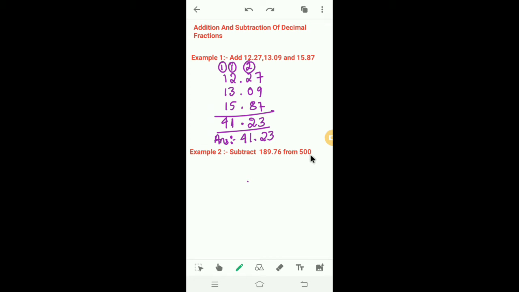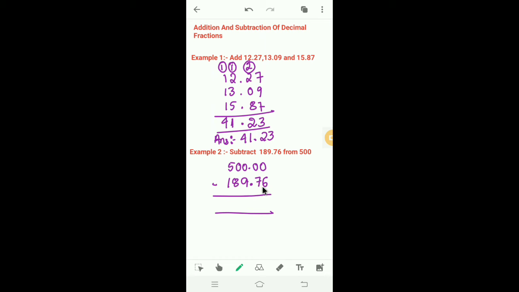Here decimal places are not there, so we have to put zeros at the extreme right of the decimal point. Minus 189.76.